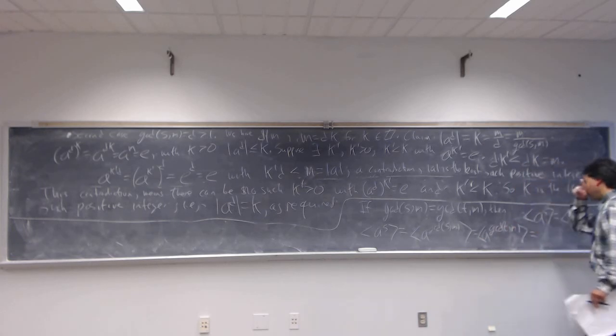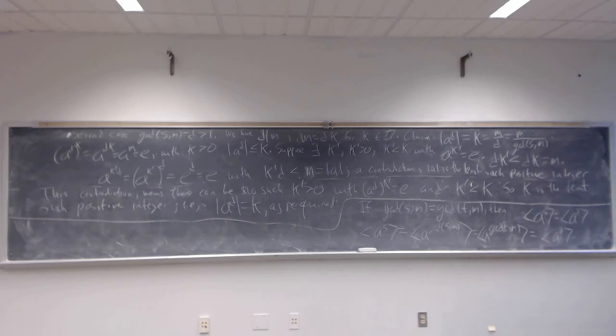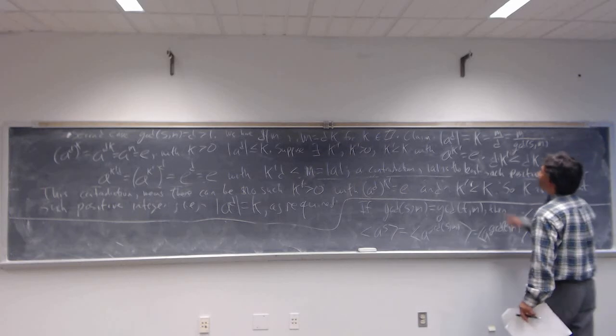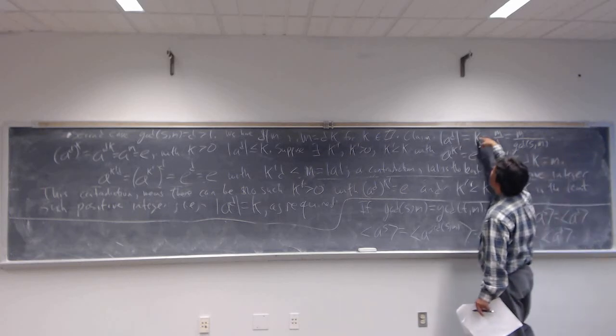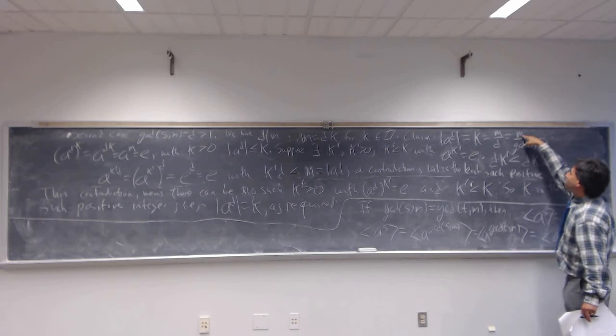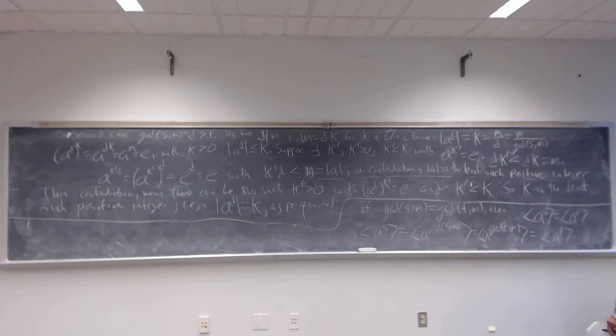And again, by what we showed in the proof of the theorem, that's equal to a to the d. Right, because we've shown that the order of a to the d is going to be the same as the order of m divided by s over m.